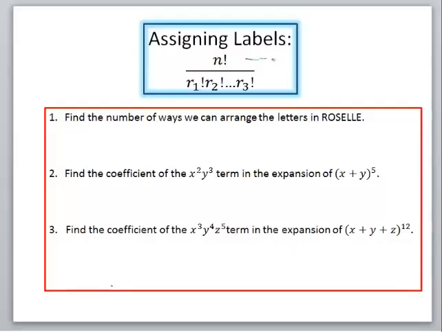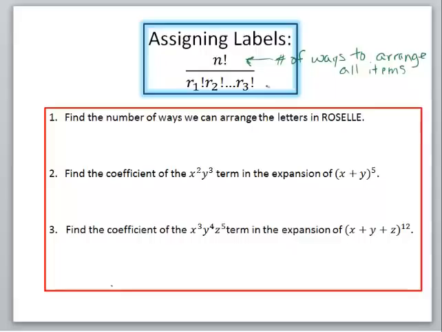n factorial represents the number of ways to arrange all the items. So all the items given to you, n factorial will represent the number of ways that you can do that.